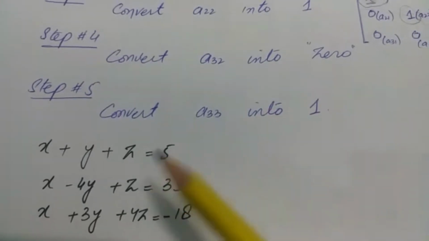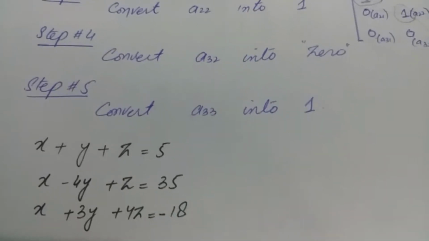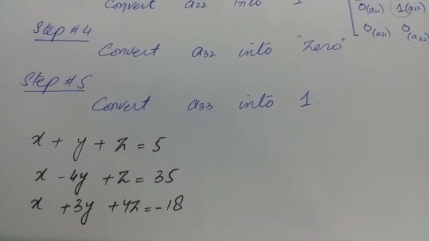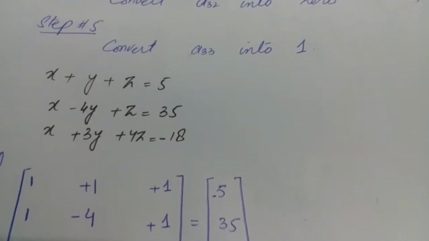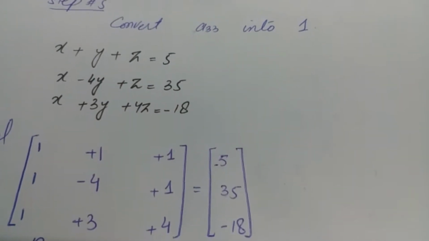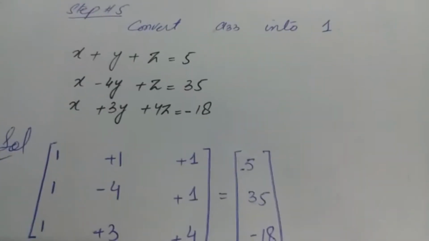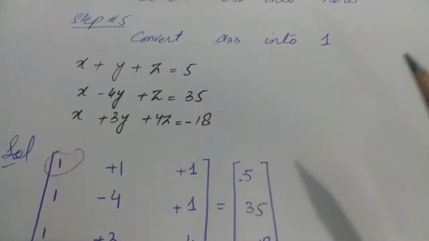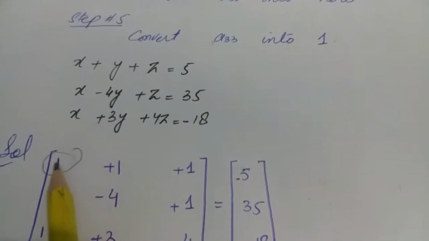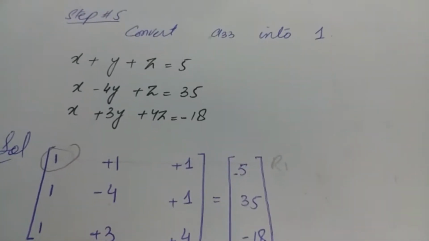The first step is to convert the equations into matrix form in such a way that column 1 represents the coefficient of x, column 2 represents the coefficient of y, and column 3 represents the coefficient of z, like this. Now, the first element is already 1, so we cannot change R1.